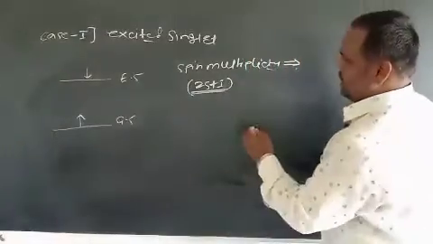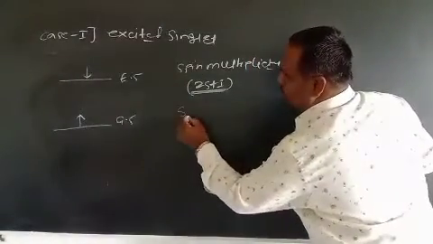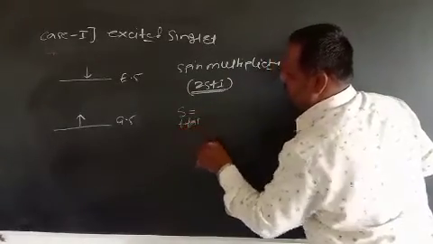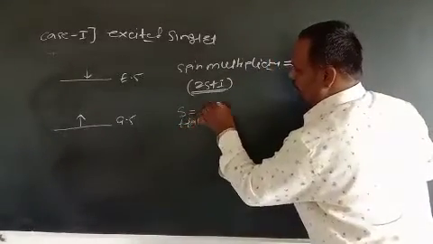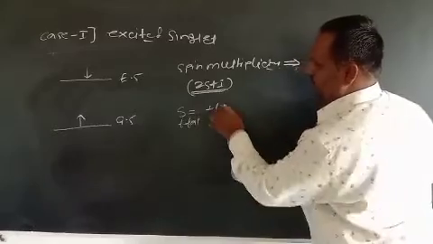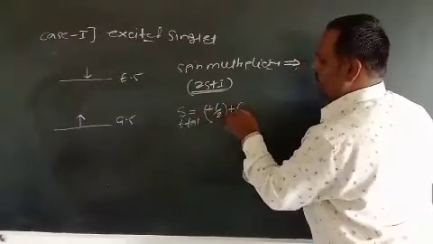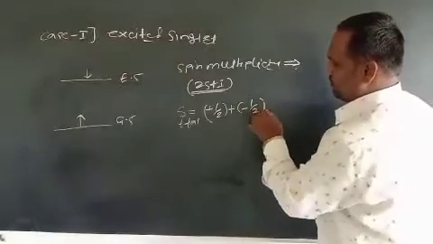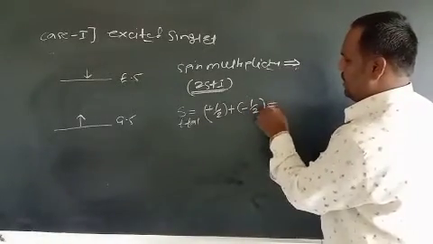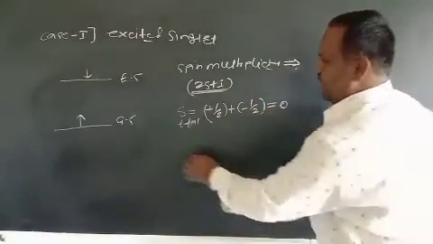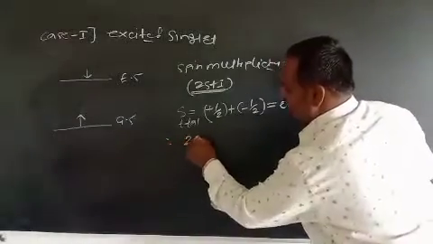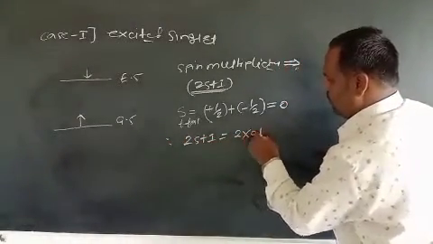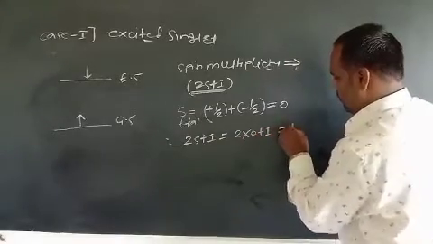Therefore in this case, if you consider the total spin, that is S total spin, which is equal to the spin of the electron present in the ground state plus the spin of the electron in the excited state. So the net spin is equal to 0, and therefore the 2S plus 1 value becomes 2 into 0 plus 1, which is equal to 1.